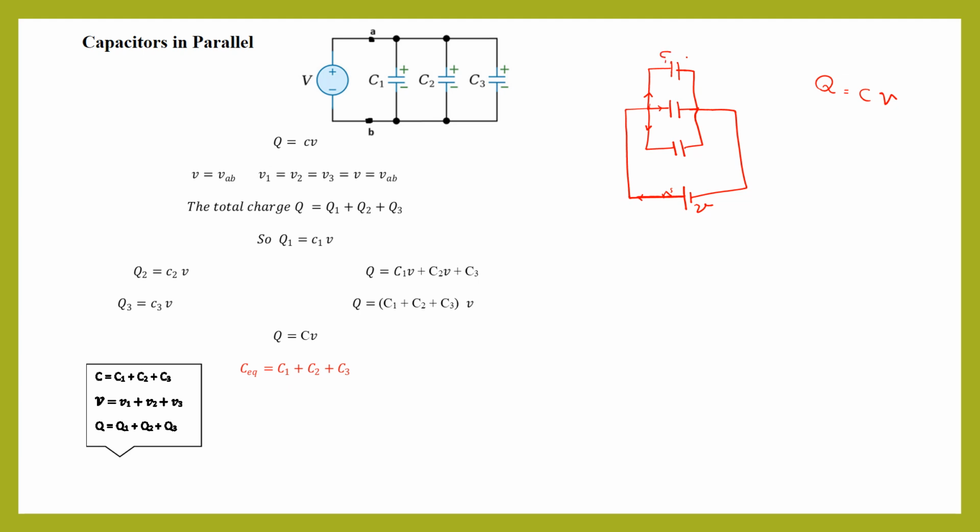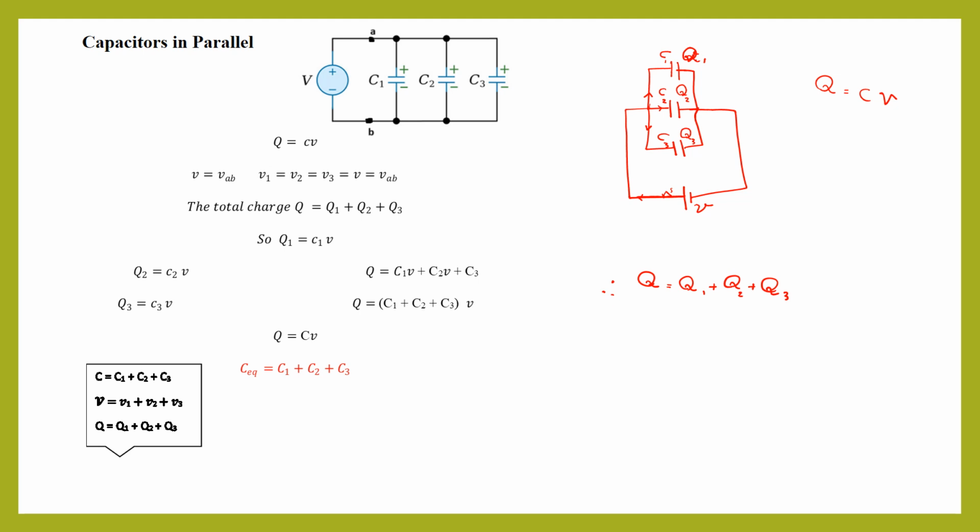If this one is C1, this one is C2, this one is C3, they will acquire some charges such as Q1, Q2, and Q3, in which we can write Q total equals Q1 plus Q2 plus Q3.